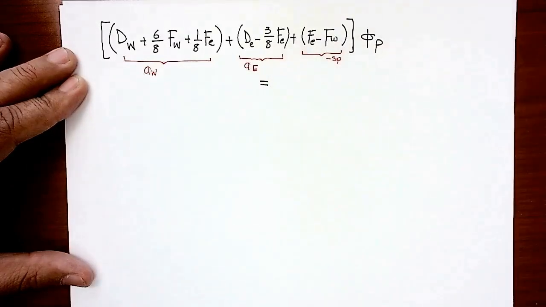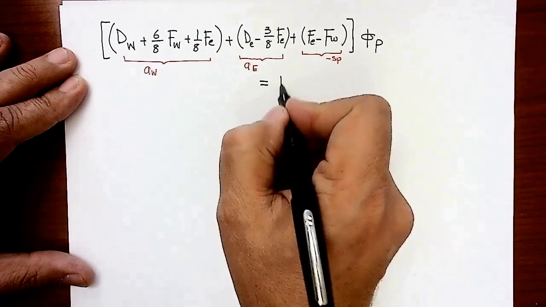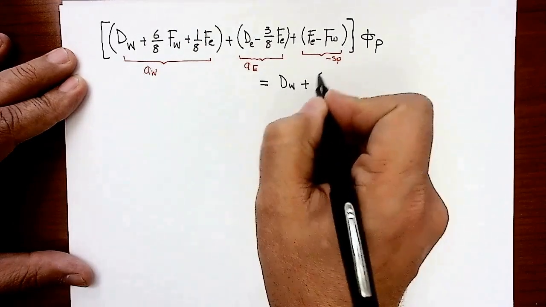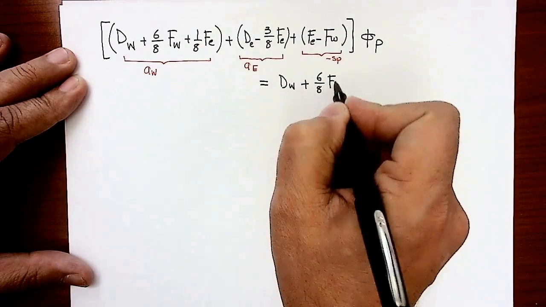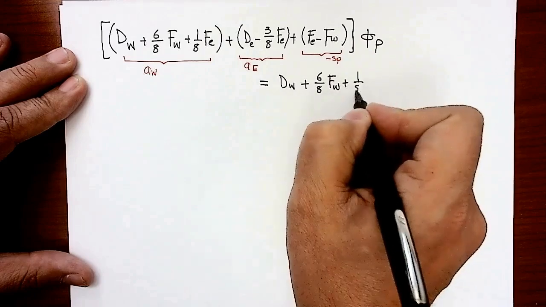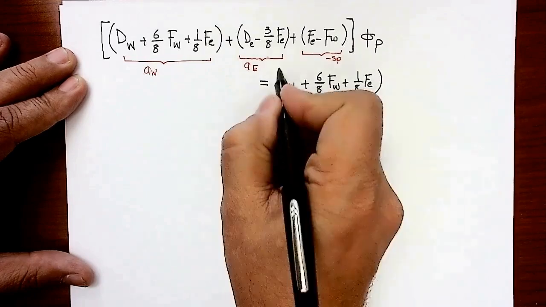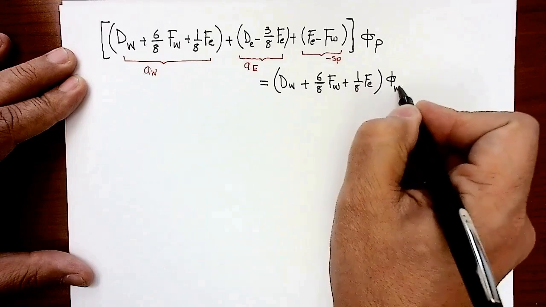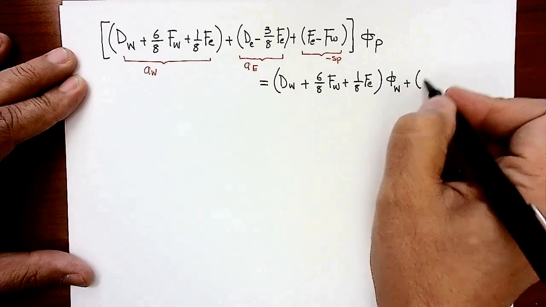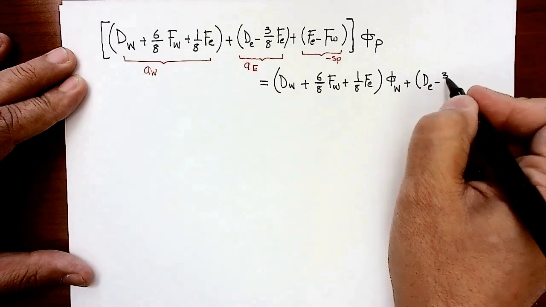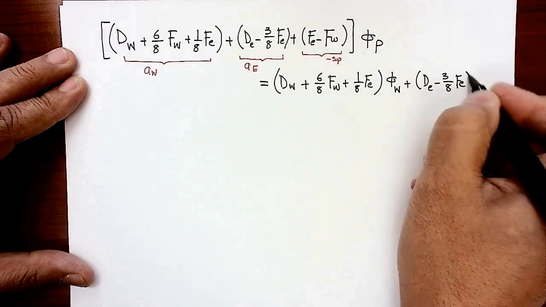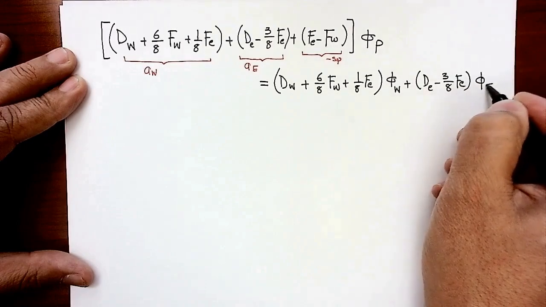On the right-hand side, you will find yourself having D west plus 6 over 8 F west plus 1 over 8 F east multiplied by phi west, plus D east minus 3 over 8 F east phi east.